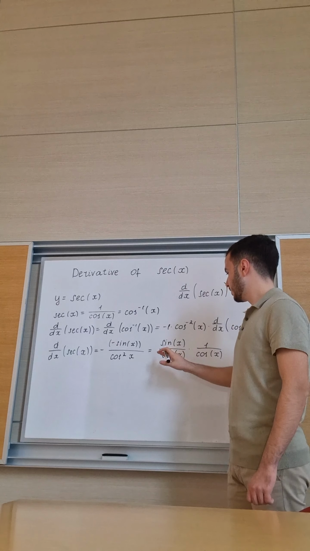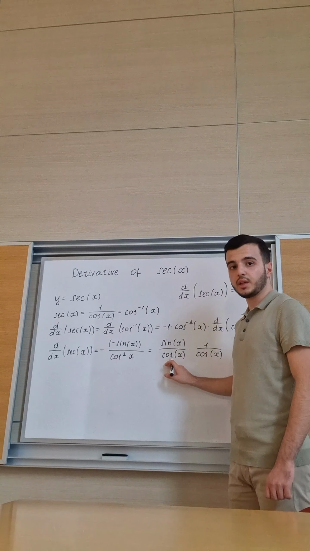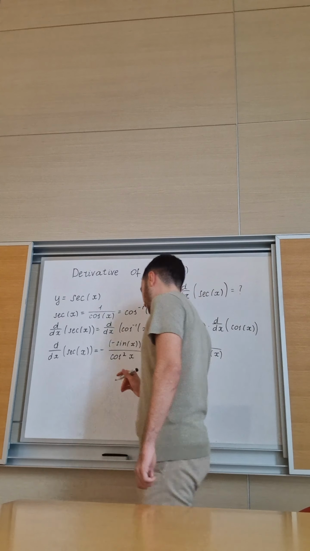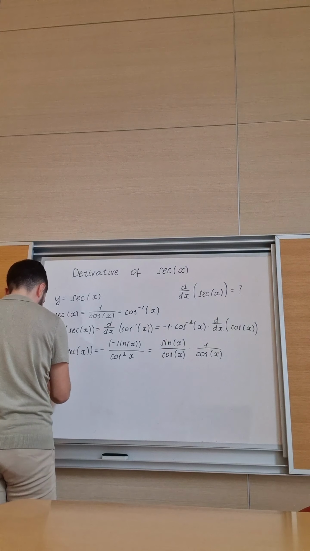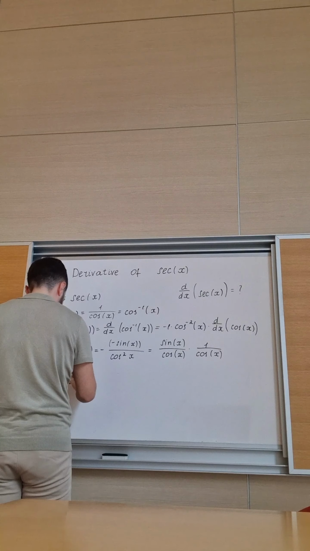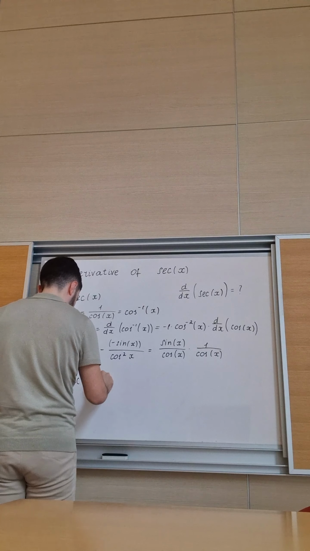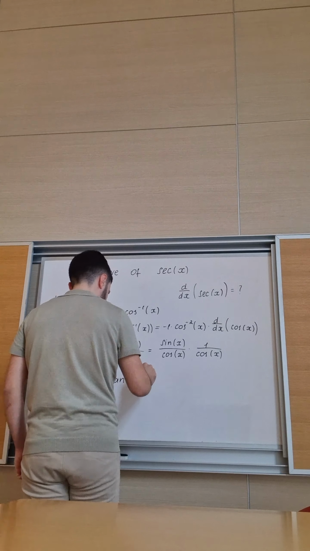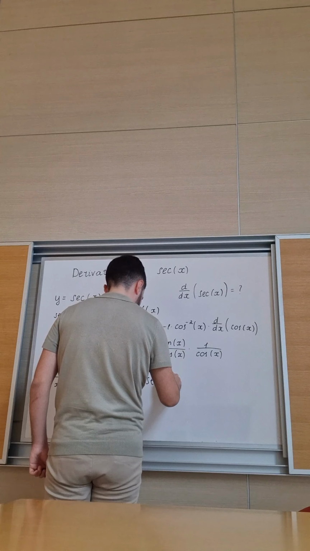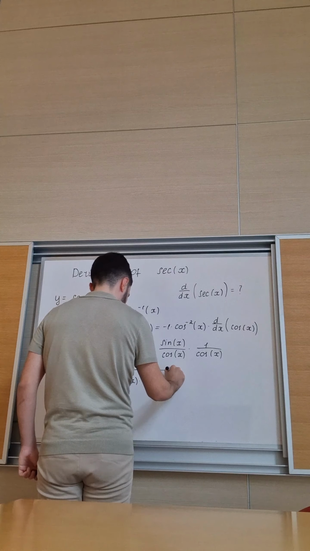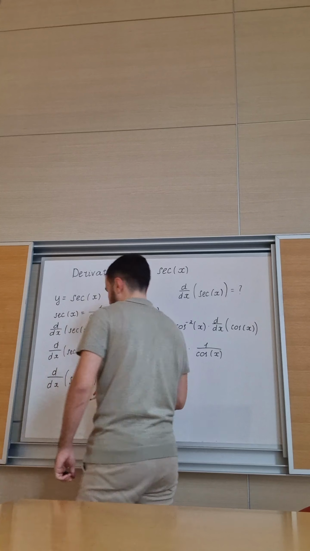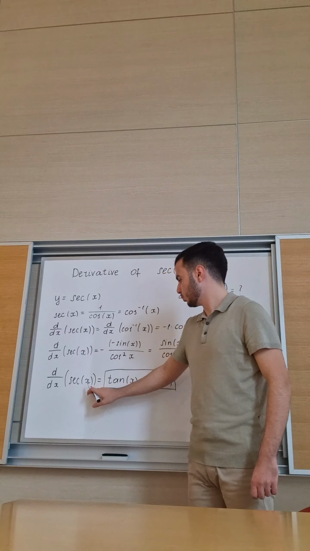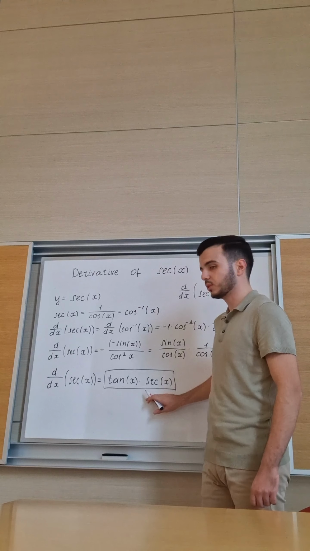As you know, sine x over cosine x is tangent x, and as we learned today, 1 over cosine x is secant of x. And here we get the derivative of secant of x is equal to tangent x multiplied by secant of x.